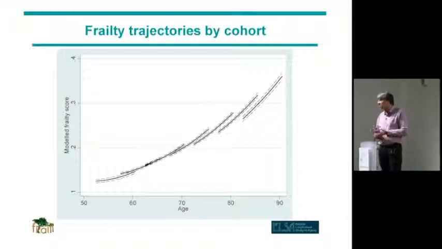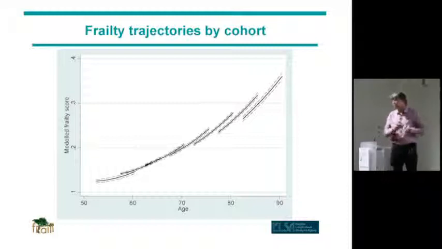The compression of morbidity hypothesis is not supported in any way, according to that finding. We see something slightly different in the younger cohorts, where there is a possibility that levels of frailty are lower and potentially growing at a slower rate. But this is very worrying. As more recent cohorts age, we can see higher levels of frailty, is what it suggests.